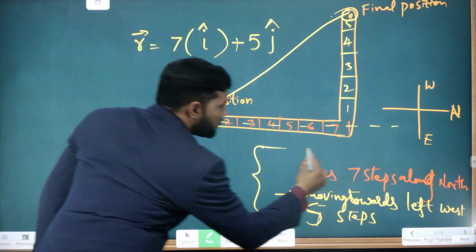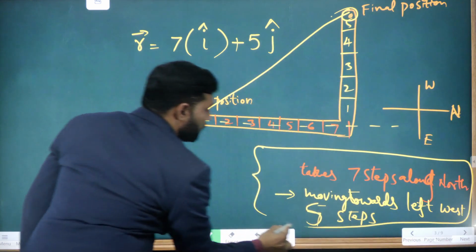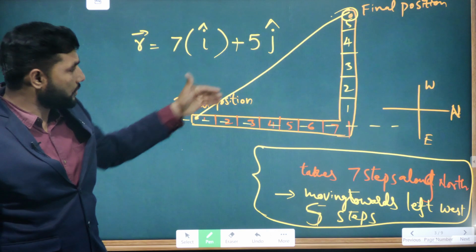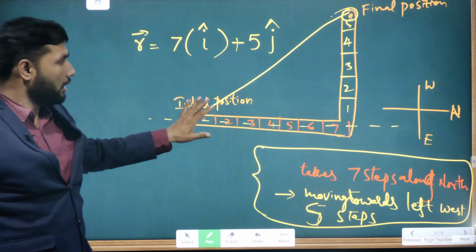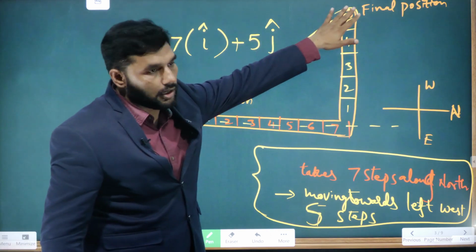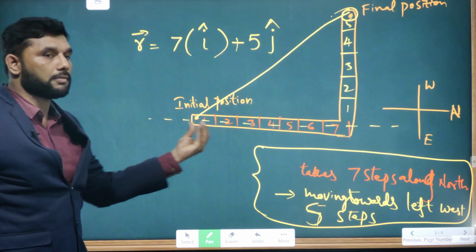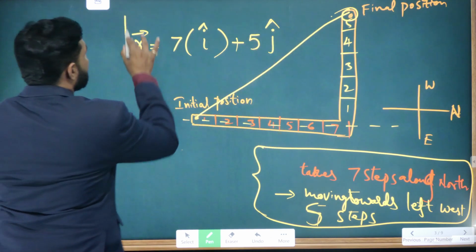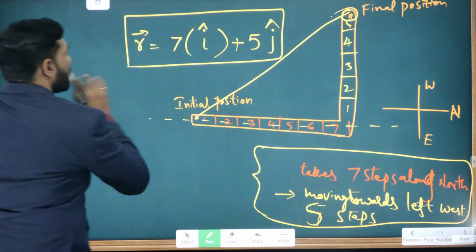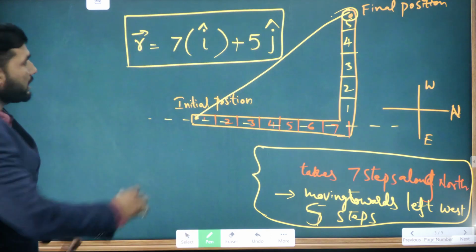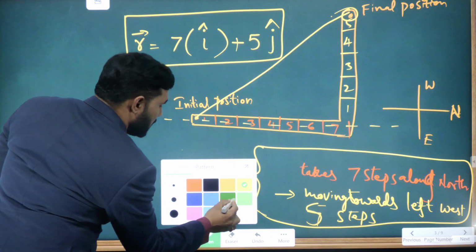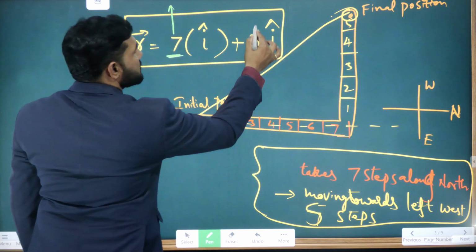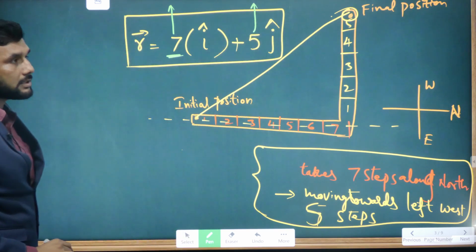This is similar to how you redirect your friend from his existing location to the final location, saying how many steps he has to take in which direction. The same thing we can represent as a vector, which has magnitude. This part represents the magnitude along the x-axis, and this represents the magnitude along the y-axis.